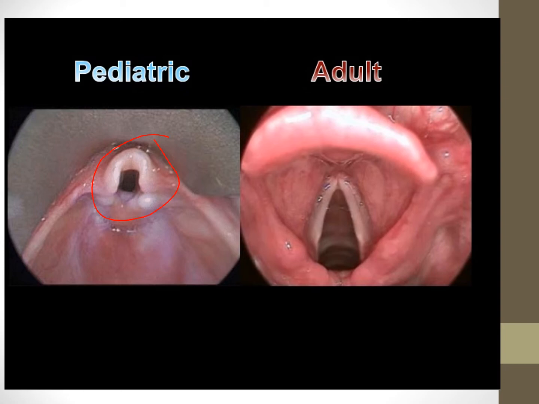Go figure that it would come into play later. Because of this, when we're intubating a neonate, it isn't going through the vocal cords that's the hardest part. It's actually using the right size tube to go through their cartilage inferior to their vocal cords.